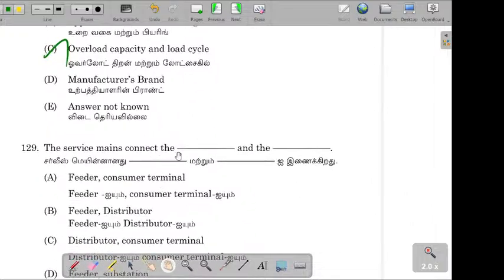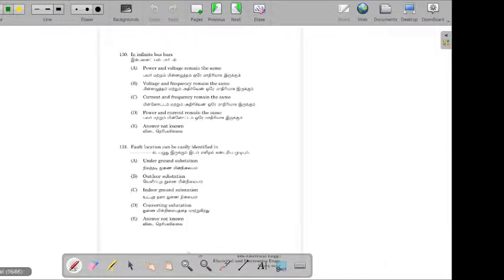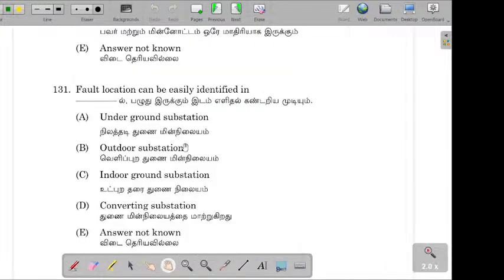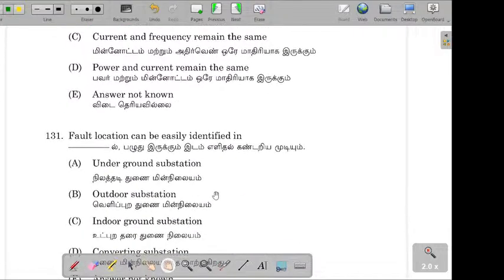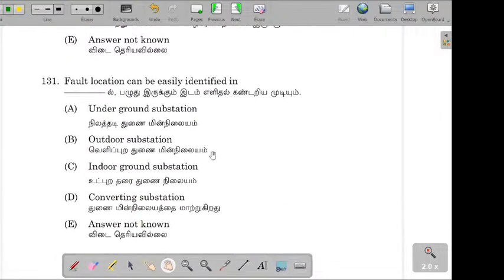The service mains connect the dash and the dash. Service main connects the distributor and the consumer terminal. In infinite bus bars, voltage and frequency remain the same. Fault location can be easily identified in outdoor substation.